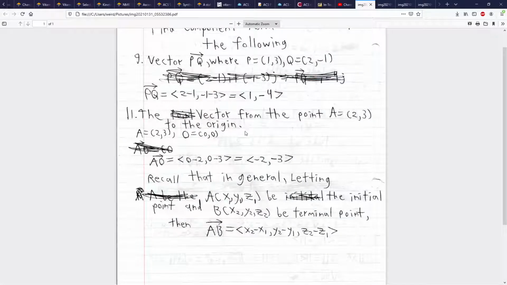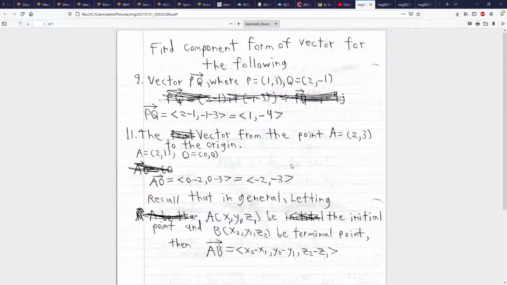And the vector from the point a equals 2, 3 to the origin, and origin we'll say is a big O, and it's equal to 0, 0. So we can show the math here. Basically, you're going from a to 0, so it's 0 minus 2 and 0 minus 3, and you have -2, -3 as its coordinates.